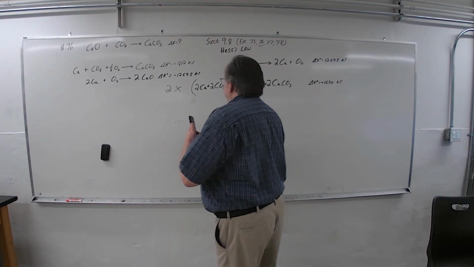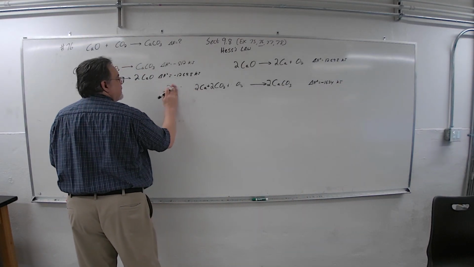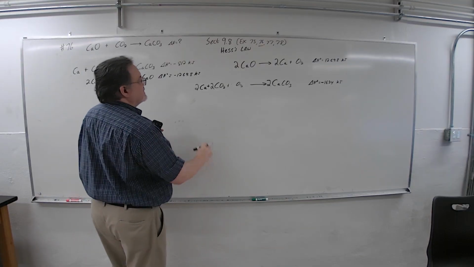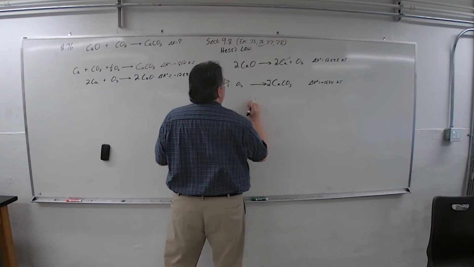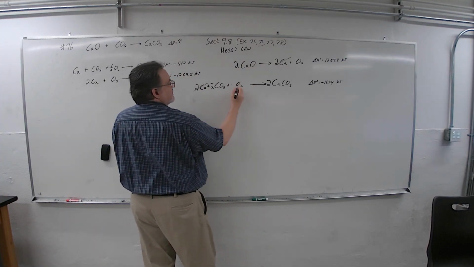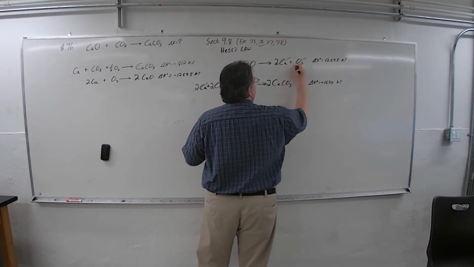So now I've multiplied everything by 2. I have 2 Ca there, so I can cancel them, and I've got O2 and O2 there, so I can cancel those too.